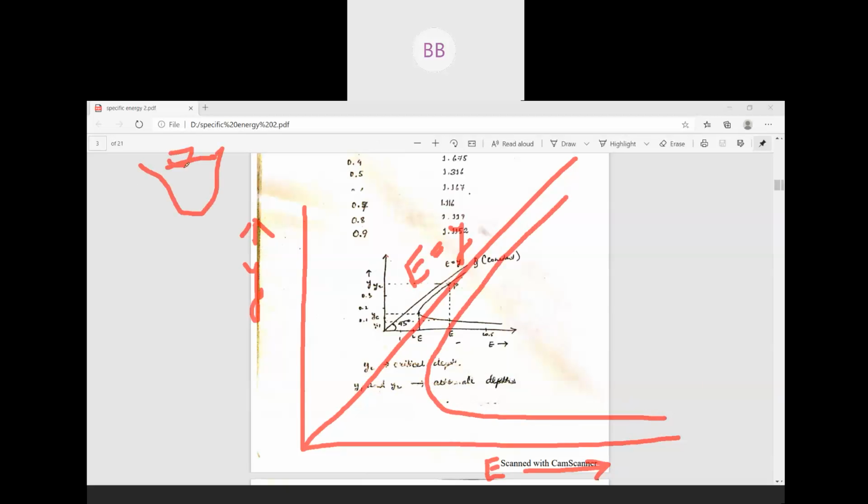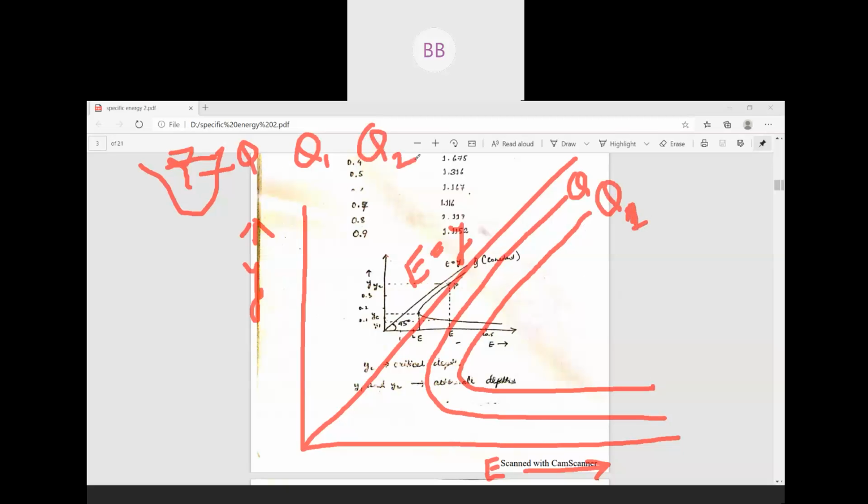For that particular cross section and particular discharge Q, you'll have one specific energy curve. Then in the same section, if you change the discharge to Q1, you'll have another specific energy curve. Now if you change again to discharge Q2, you'll get another specific energy curve.